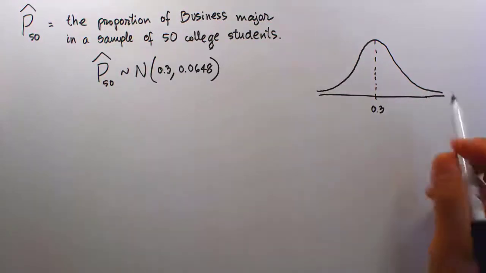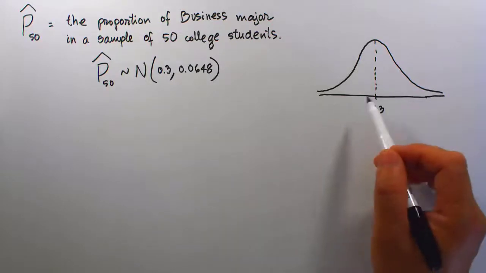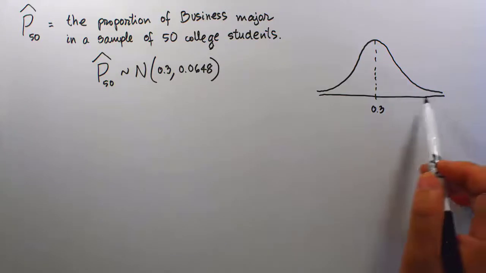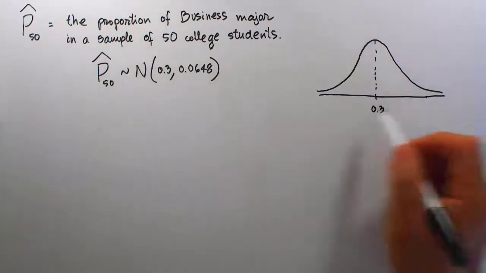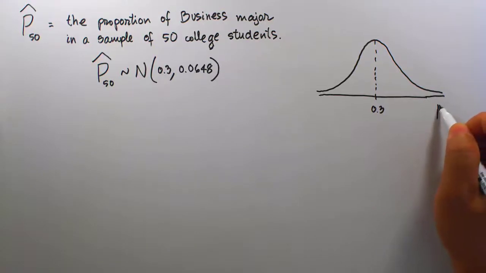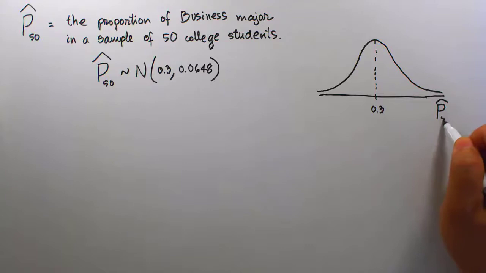Some sample proportions can be higher than 0.3, and others can be lower than 0.3. But from the left to the right, or from low to high, these are all on this horizontal line. This is where we can place all values of our sample proportions, capital P hat 50.